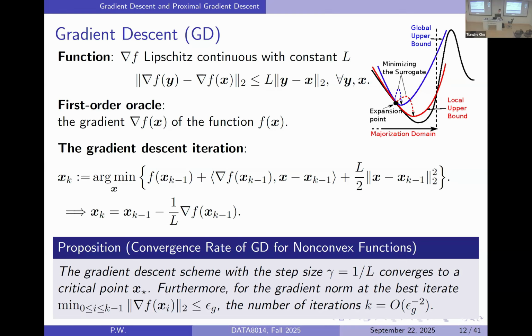If this epsilon is 0.01, then the number of iterations of gradient descent is about 10,000 or so. That is the convergence rate for smooth non-convex problems.